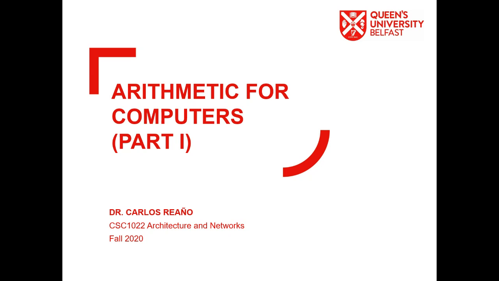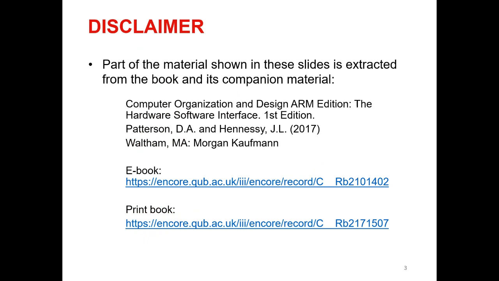Also, what happens if an operation, an add or a subtract, creates a number bigger than can be represented? And another question is how does the hardware actually multiply or divide numbers? Those are the questions we are going to try to address in this part of the module. As always, remember that part of the material is extracted from the book.